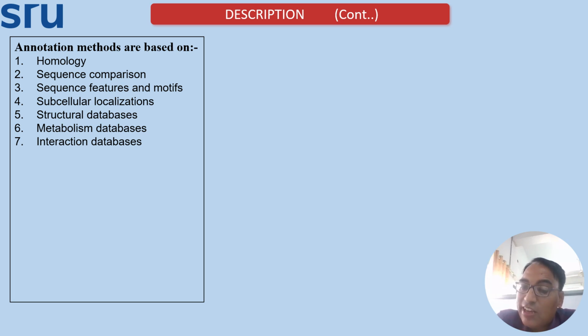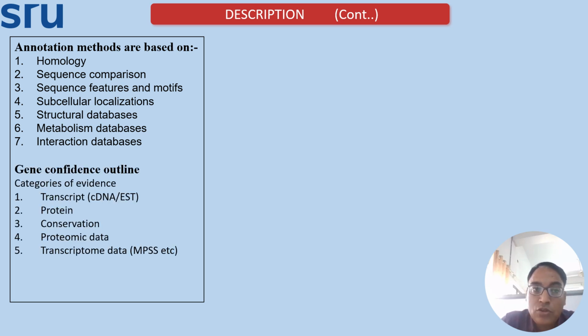If it is there, I can compare my sequence with that structure to then correlate the function. Metabolism database. This is another part, where metabolic activity can be predicted by using the key features. Interaction database, there it may have the idea. So these are different categories of annotation methods which are used.